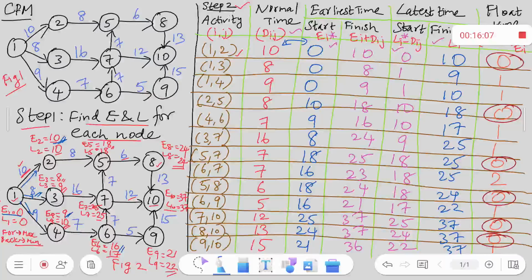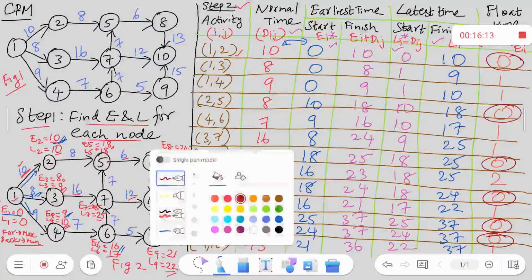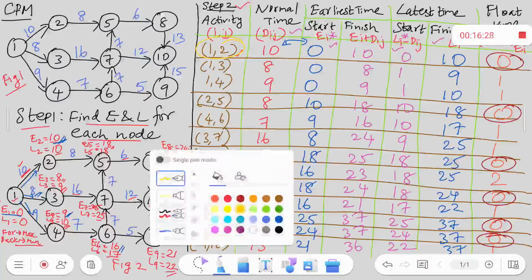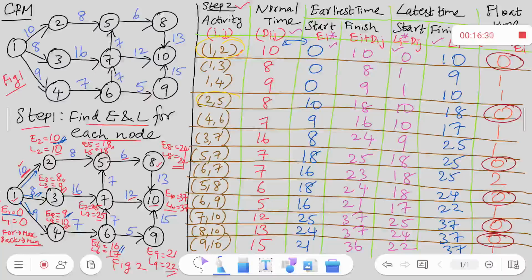When you take the corresponding nodes, the activities are 1 to 2, then 2 to 5, then 5 to 7, 5 to 8, 7 to 10, 8 to 10. These activities have 0 values. Totally we have 6 activities here.